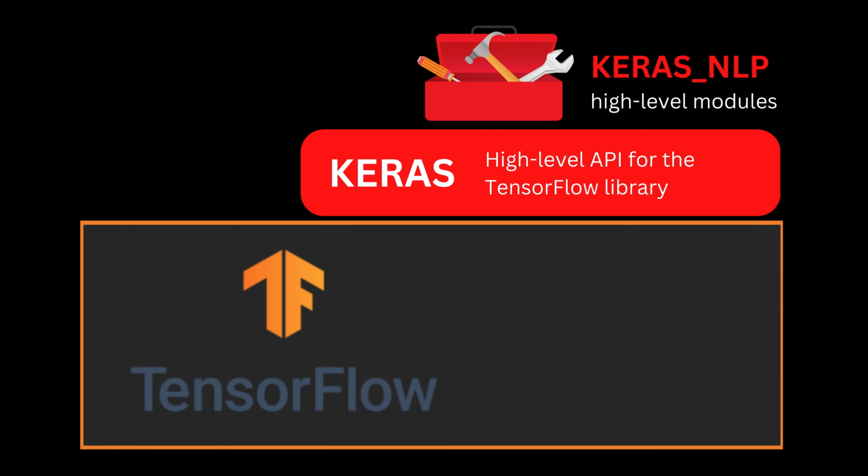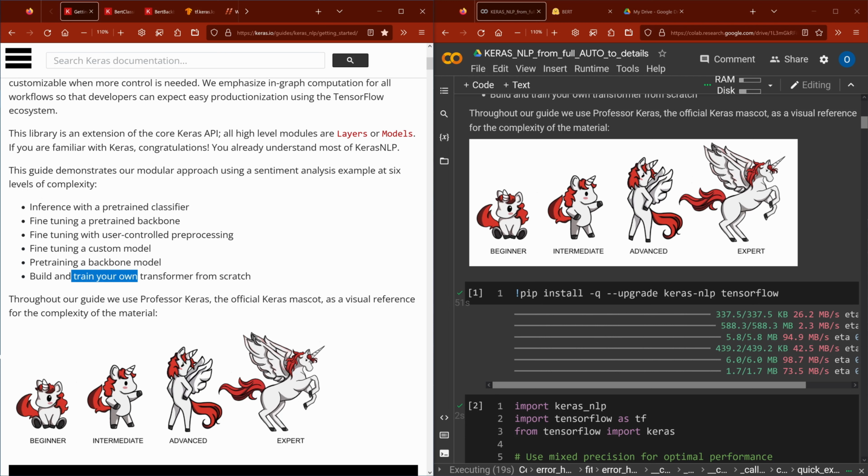So here we go. At first, what is the structure of this document? As you can see, this is a guide, and it goes from the most automated task, an inference task with a pre-trained classifier, down to the most detailed task, build and train your own transformer from scratch.